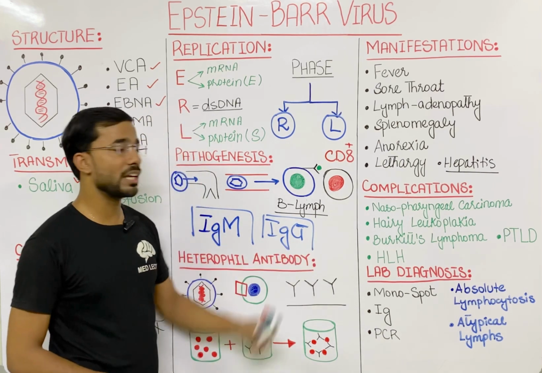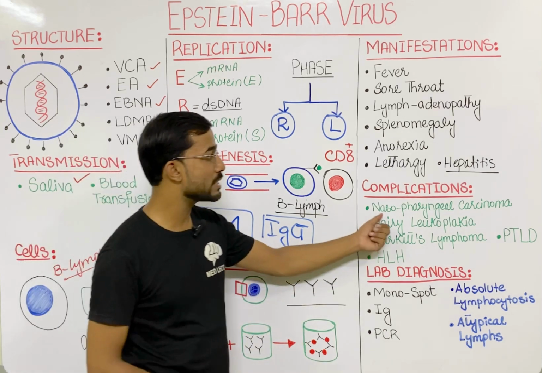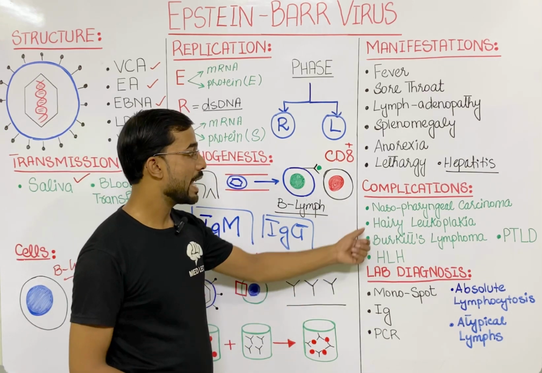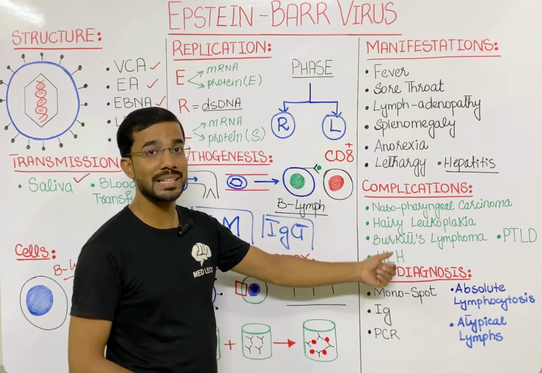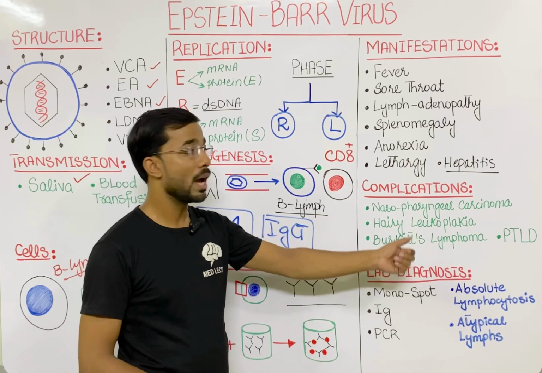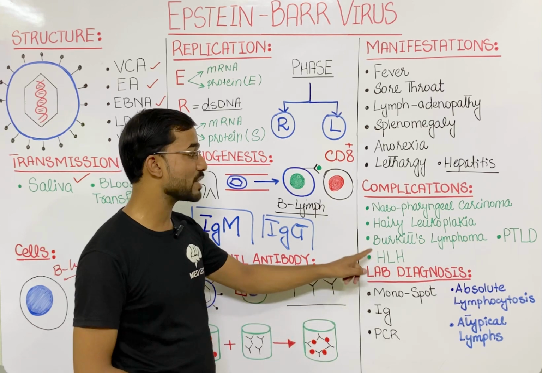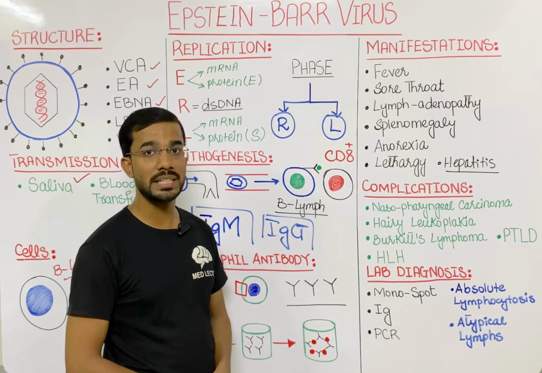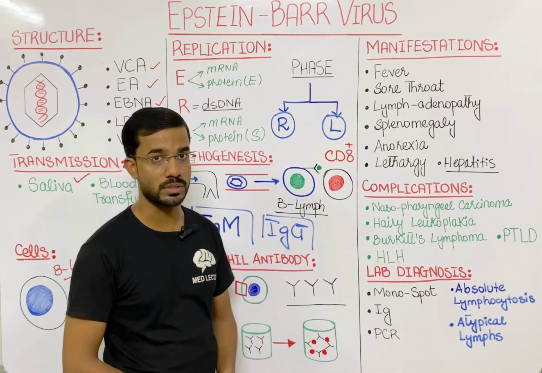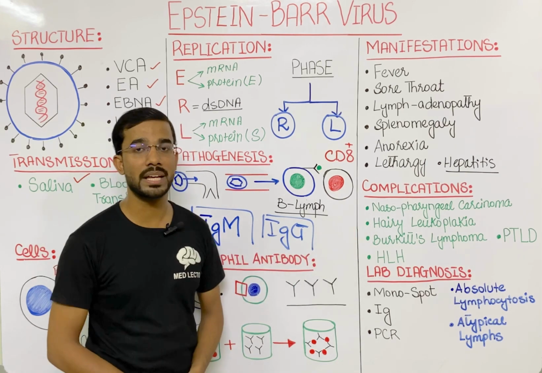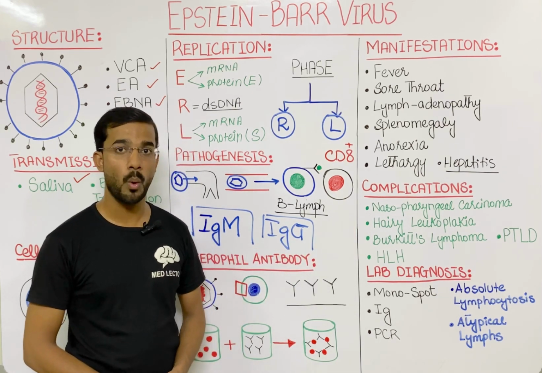If we look at the complications, most important are nasopharyngeal carcinoma, hairy leukoplakia, Burkitt lymphoma, PTLD, post-transplant lymphoproliferative disease, and HLH, hemophagocytic lymphohistiocytosis. So these are basically the different complications of the Epstein-Barr virus.